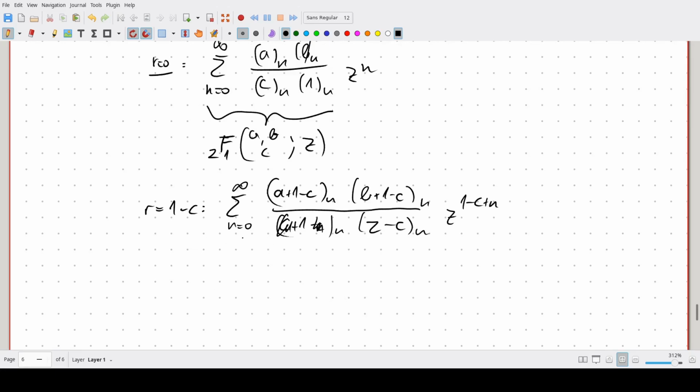So if we factor out a factor of z to the 1 minus c, we see that we still get a hypergeometric function.